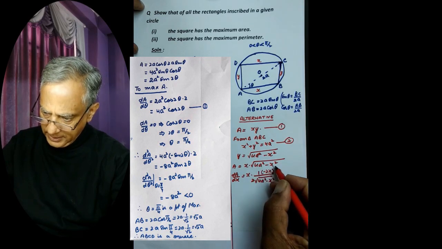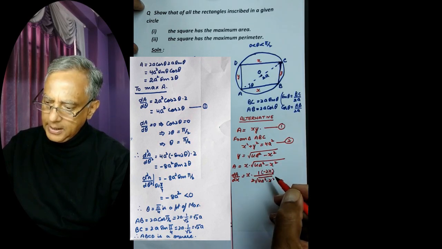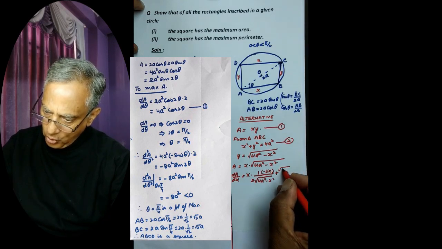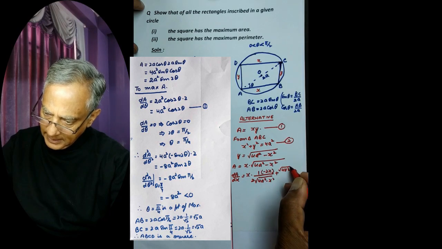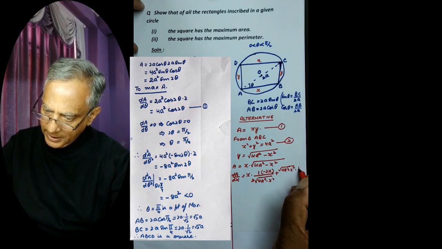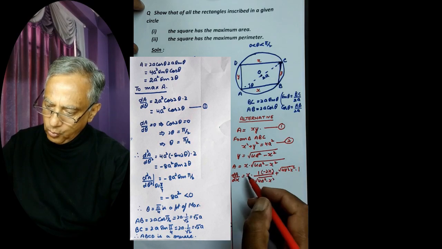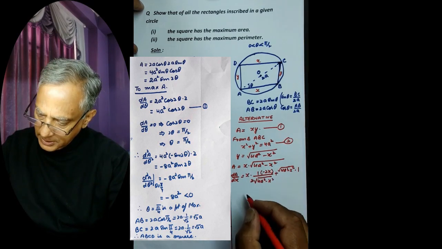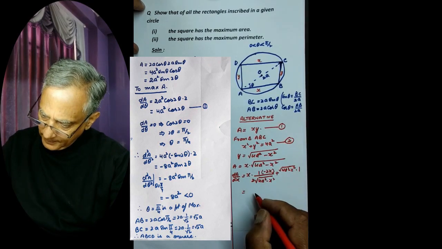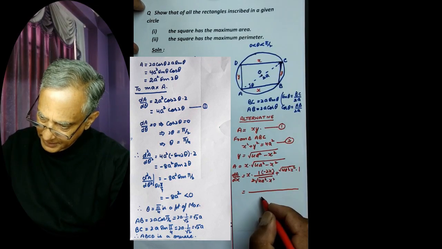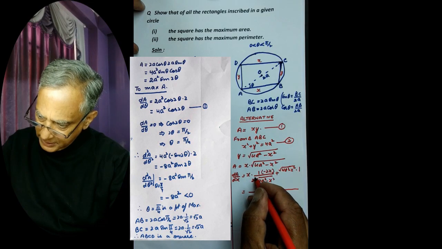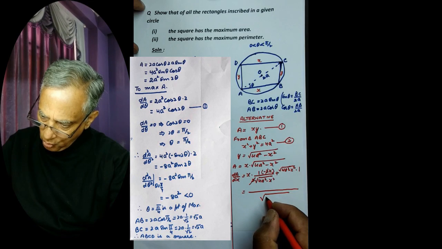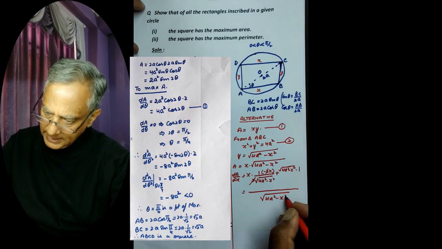Differential of this is 0, and differential of this will be minus 2x plus under root 4a square minus x square into differential of this, which will be 1. First function into differential of second plus second function into differentiation of first. This is equal to, now take the LCM. The 2 cancels and LCM is under root 4a square minus x square.